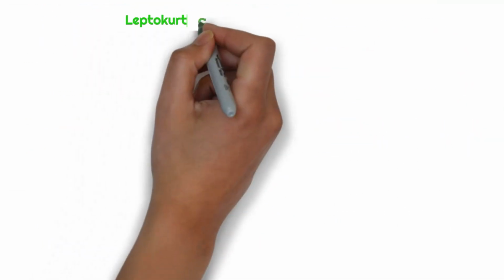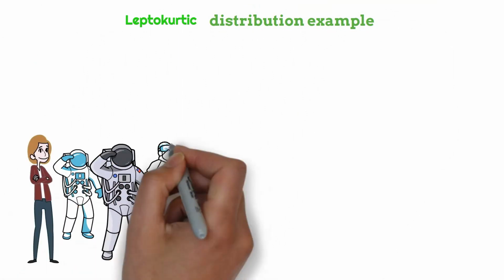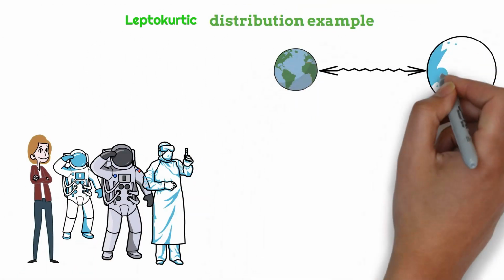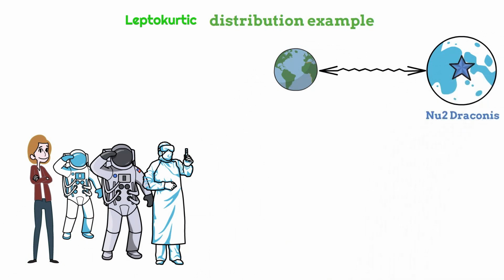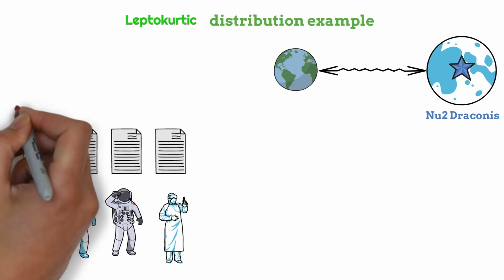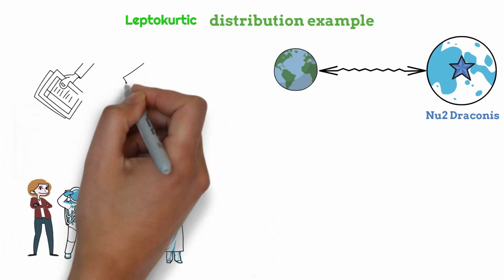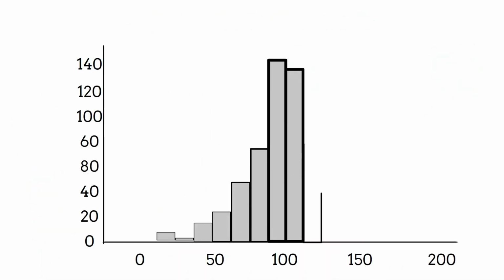For example, imagine that 4 astronomers are all trying to measure the distance between Earth and Nu-2 Draconis, a blue star that's part of the Draco constellation. Each of the 4 astronomers measures the distance 100 times and they put their data together in the same data set. The frequency distribution shown by the gray bars doesn't follow a normal distribution shown by the dotted green curve.